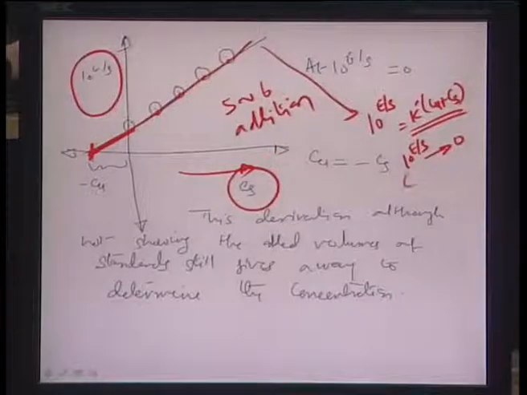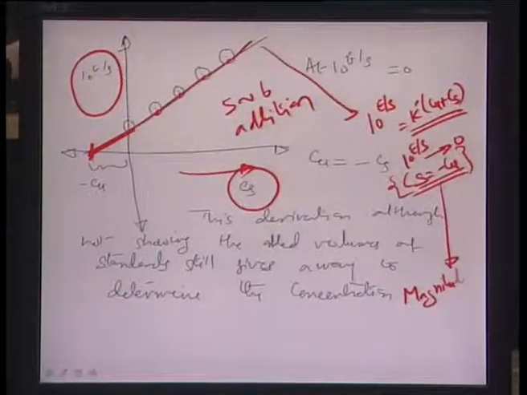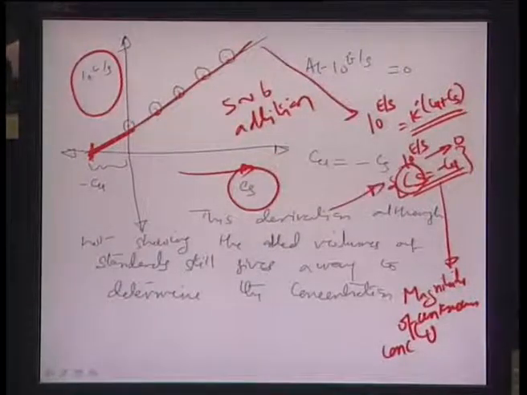This would correspond to a concentration which is minus Cu. Now minus really does not have any physical meaning here, except the fact that we can actually gauge the magnitude of the unknown concentration Cu by looking at the standard addition differential Cs.